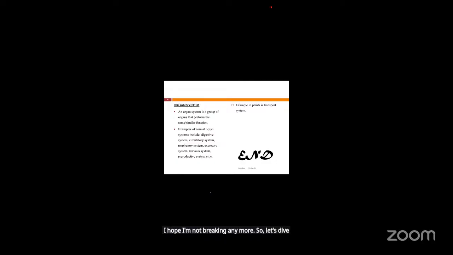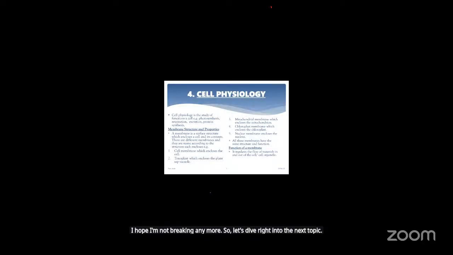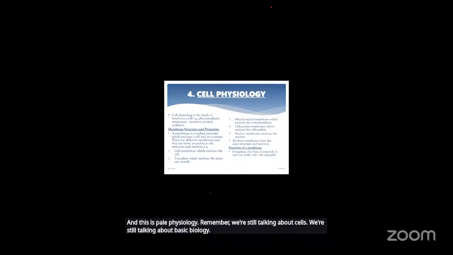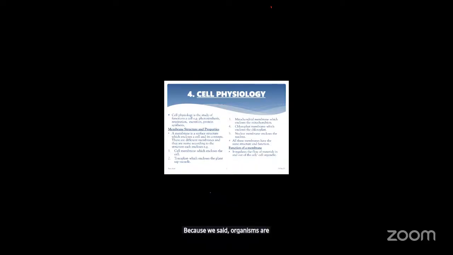So let's dive right into the next topic, and this is cell physiology. Remember, we're still talking about cells. We're still talking about basic biology because we said living organisms are made of cells. A cell is the basic structure of a living organism.